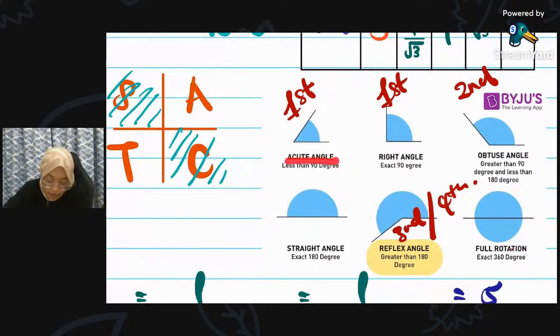This is acute angle which is less than 90 degree, and this is right angle triangle, betul-betul right angle triangle, and this one is obtuse angle. Obtuse angle adalah melebihi 90 degree, which is second quadrant lah. Okay. Tolong catat benda ni. Tolong make it as a note for you guys, okay?